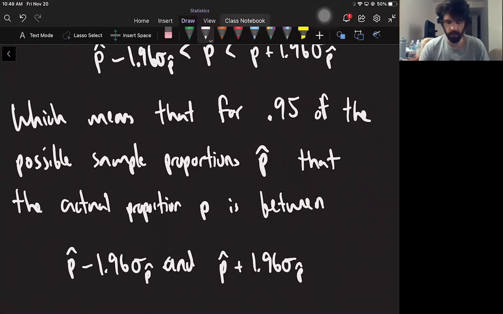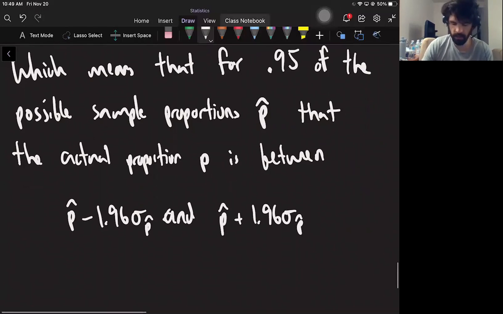So your point estimate minus 1.96 standard deviations and plus 1.96 standard deviations.